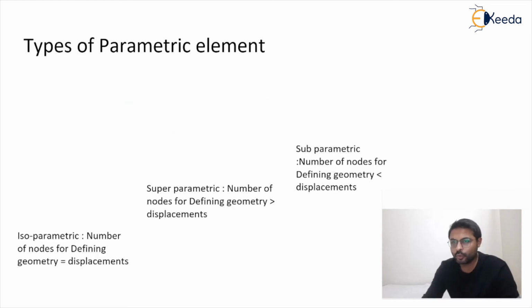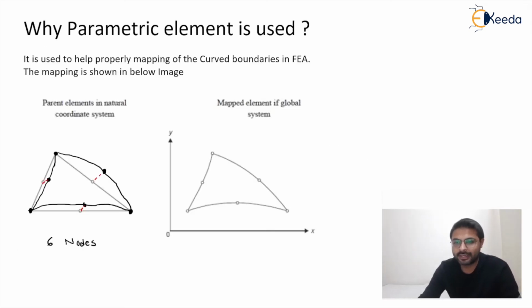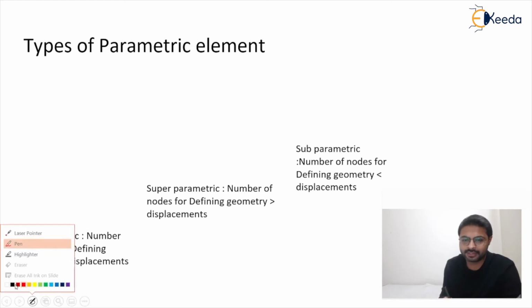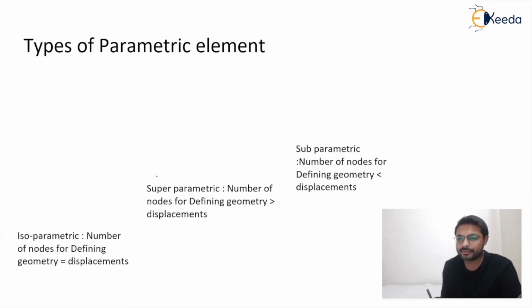To do that, we have three types of elements, three categories, in a parametric element. So let's understand what the categories are.